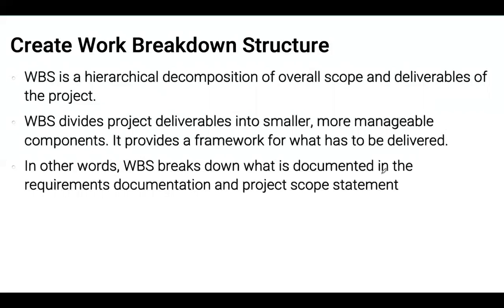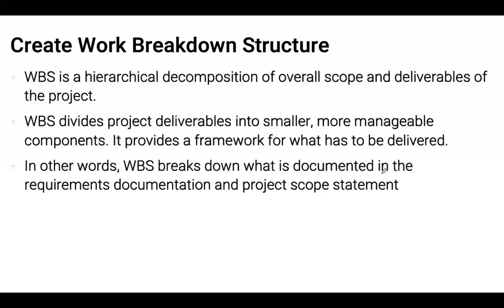So what the WBS does, it breaks down deliverables into smaller, more manageable components. So if you have a widget cranker, you're going to break the widget cranker into the casing, into the engine or power supply, I guess, into the cranking components, and then into the transition system. I don't know, whatever goes into widget crankers.